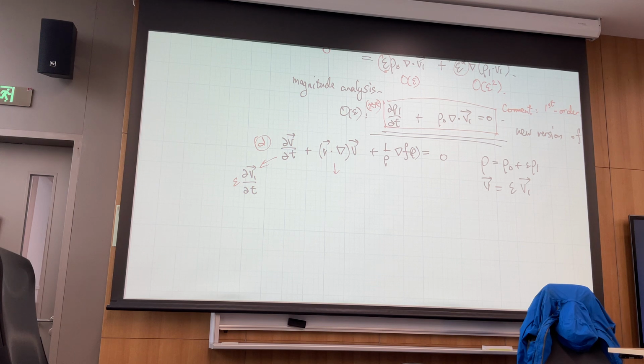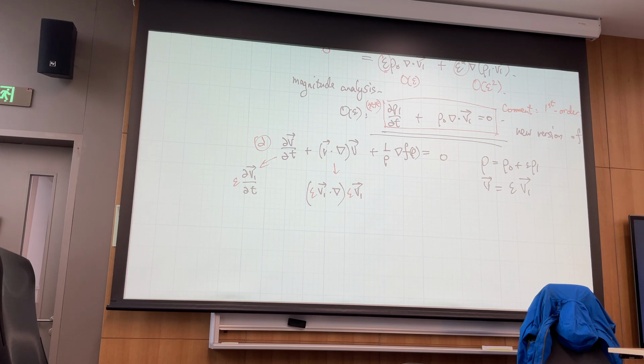What I'm getting is epsilon V1 multiplied by the gradient of epsilon V1. So good? Again, my epsilon is a constant scalar, so it can be extracted out. It can be passed through all the modifications.